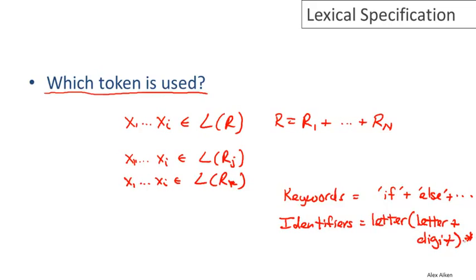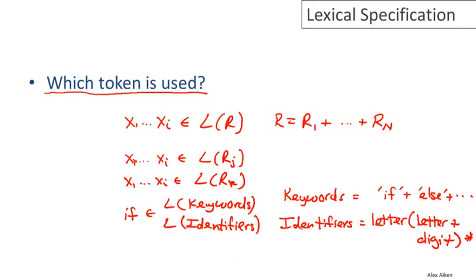If you look at these two specifications, you'll see that the string "if" is in both of them. So "if" is in the language of keywords, and it's also in the language of the identifiers. And so should we treat "if" as a keyword or an identifier? Now, the normal rule in most languages is that if it's a keyword, then it's always a keyword, and the identifiers actually don't include the keywords.